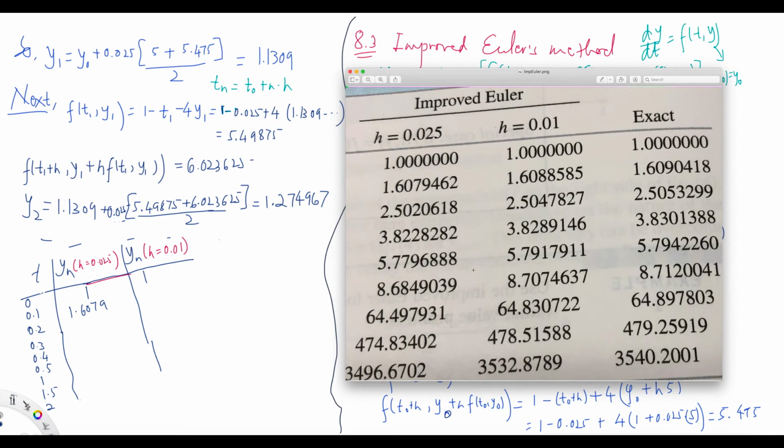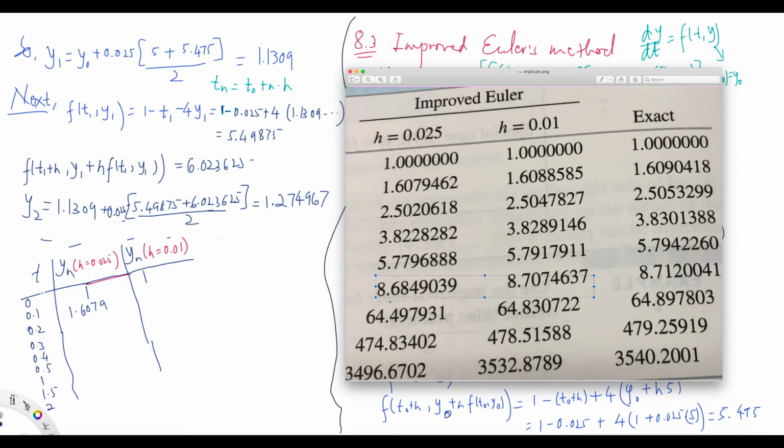Let us see how the error is changing. These are the approximated y values. Let us see how the error is changing, for example for t equals 0, 0.1, 0.2, 0.3, 0.4, 0.5. Let us see for these values. Look at these two values.